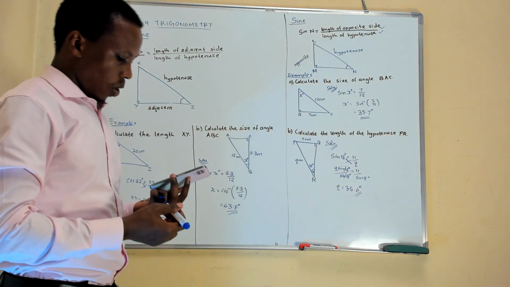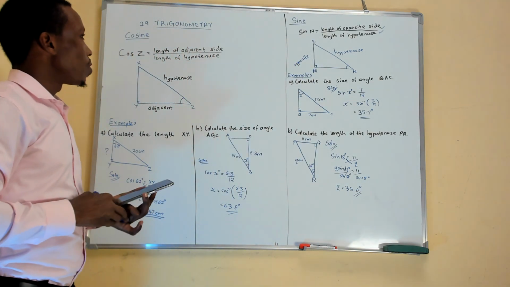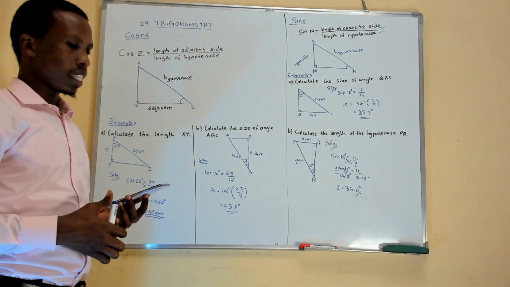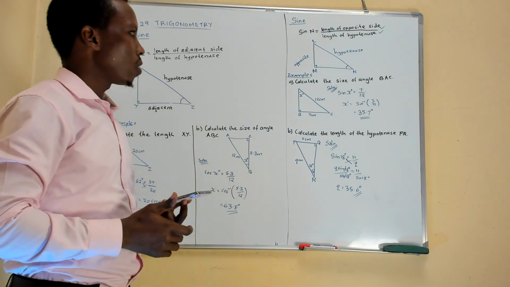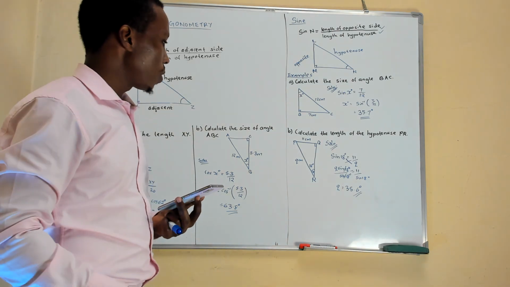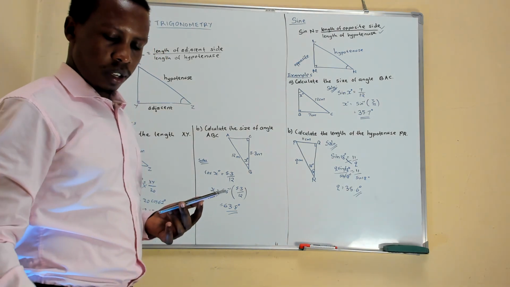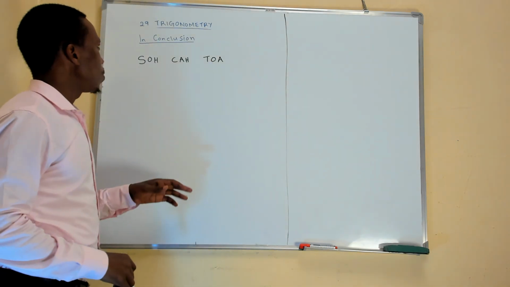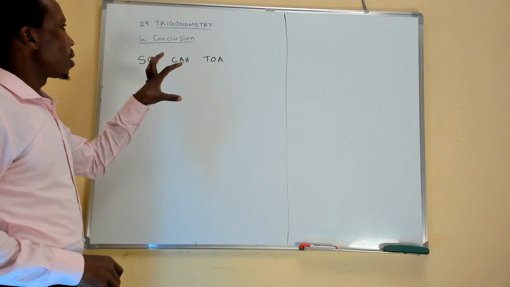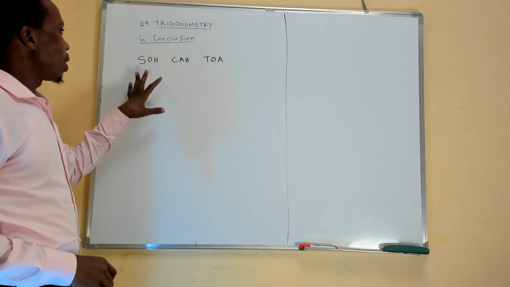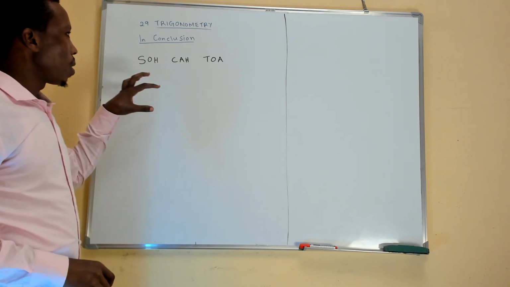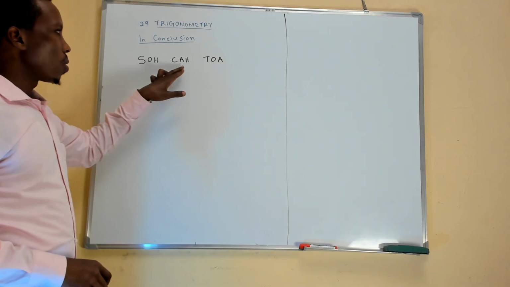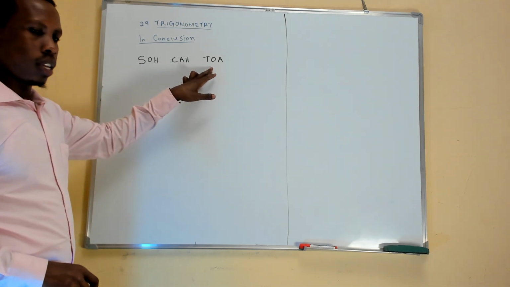So yes, that's how you can use trigonometry to calculate sine, cosine, and tangent. Let us do a conclusion of a formula to use. In conclusion, for you to memorize trigonometry, you need to know or master SOHCAHTOA.